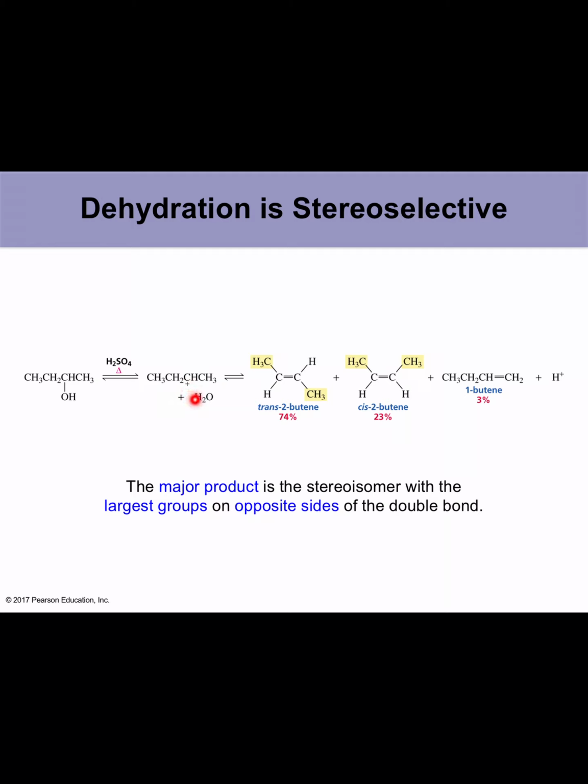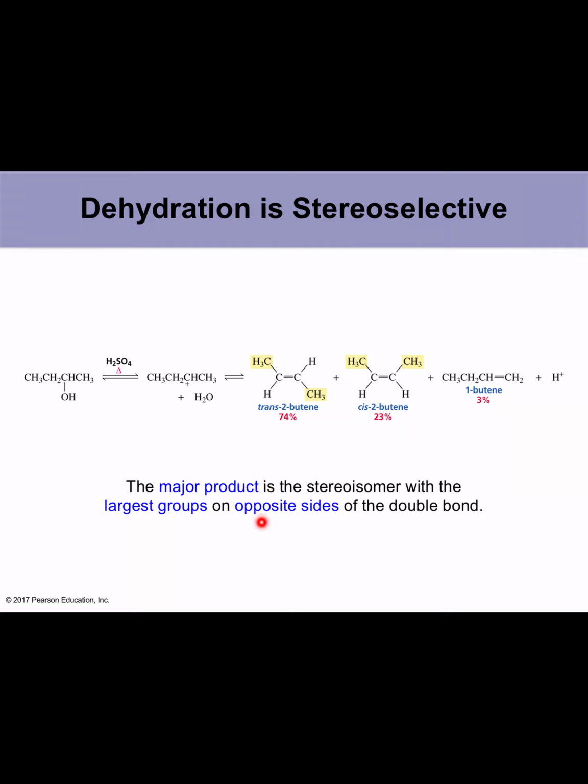Now this carbocation, once it is formed, can form a more substituted alkene, which is 2-butene. You see it's going to be 2-butene in both cases. But now there are two possibilities. It could be trans 2-butene or cis 2-butene. And the formation of trans 2-butene would be the major product compared to the cis 2-butene.